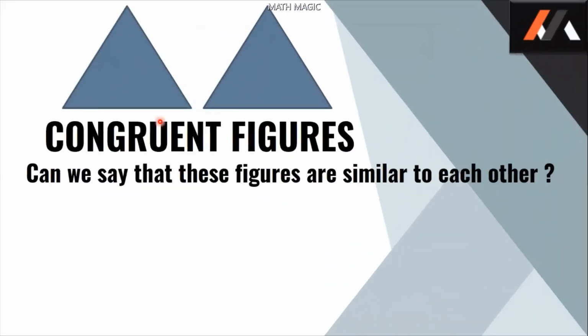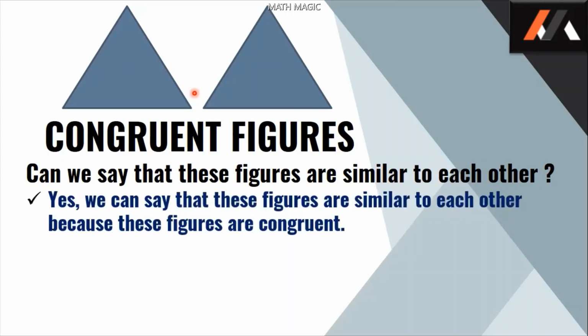Now, I would like to ask a question. Can we say that these figures are similar to each other? I could prove that these two triangles are congruent figures. Now, can I say that these are similar figures? Let's see. Yes, we can say that these figures are similar to each other because these figures are congruent.